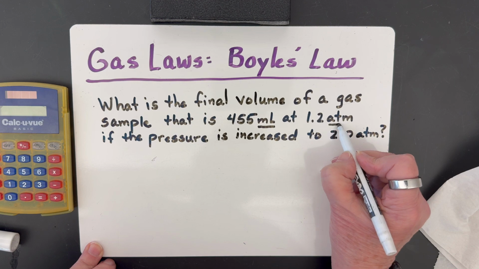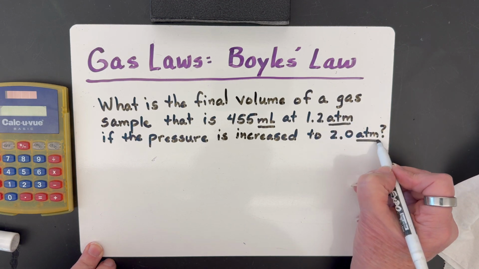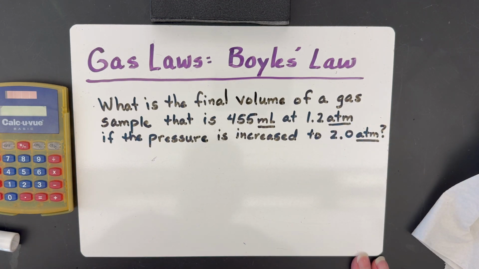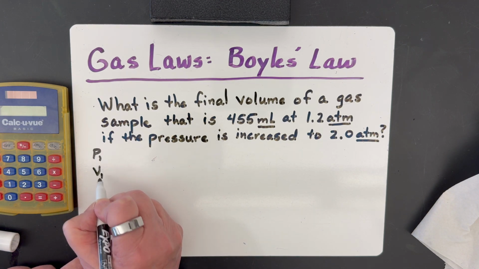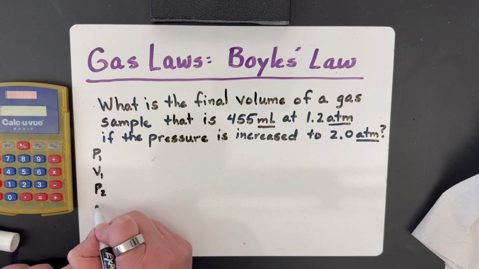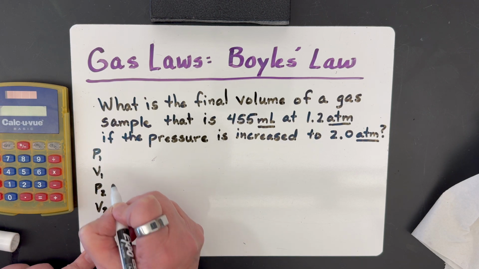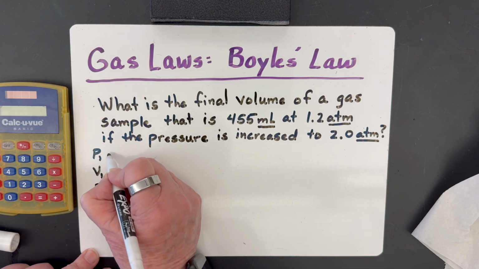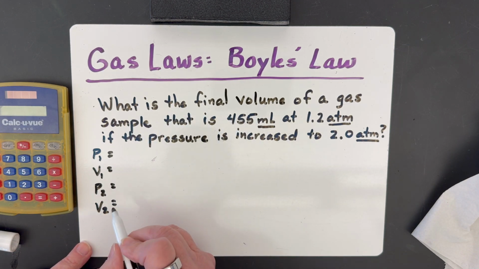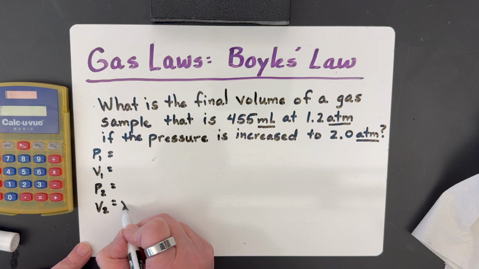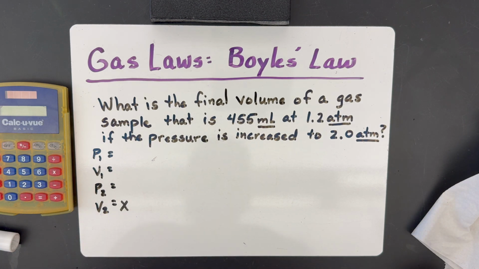ATM stands for atmospheres, and those are pressures. So we know that there's a P1, a V1, a P2, and a V2 in this problem. It's asking what is the final volume. So final volume is V2. So that's going to be our X. That's what we're asked to find.